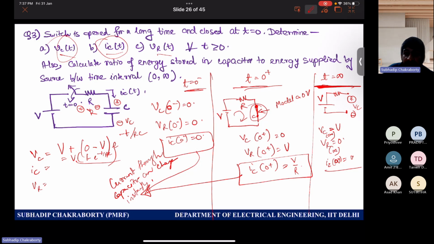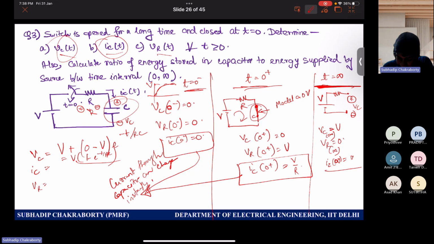Is it intuitive? With time tending to infinity, the capacitor should be fully charged. So voltage should be increasing like this from 0 to voltage V. Let's see. Yes, it is matching. E to the power minus infinity is 0. So it will be matching, right? Just check like this, cross check.